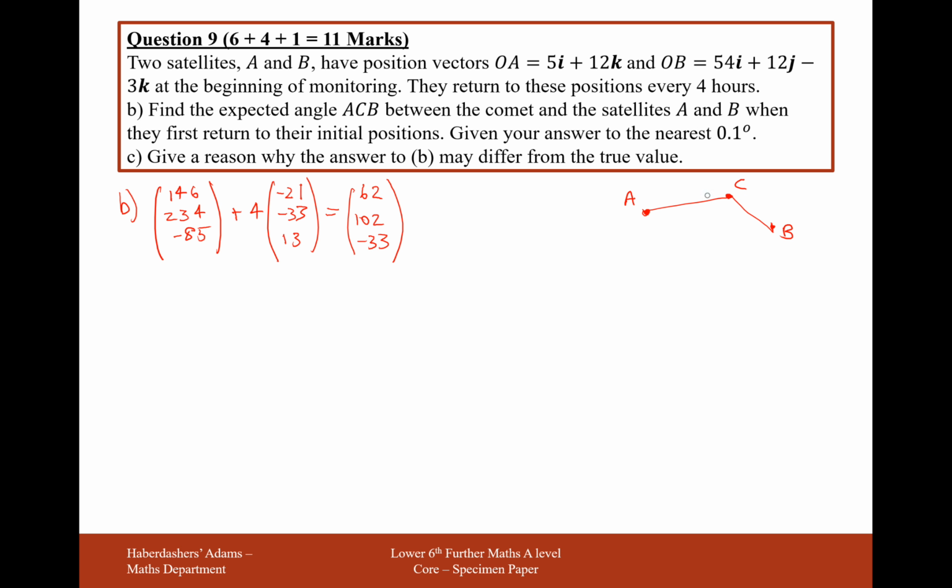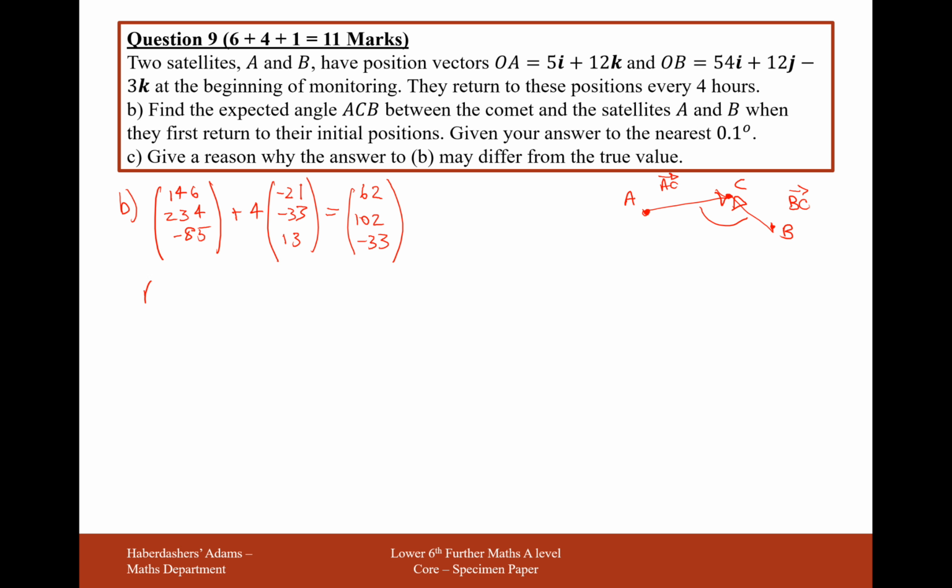then what we're going to need is the vector from A to C, then the vector from B to C, and the reason we need that is because we need both of these angles to be coming in at C or going away from C to work out this angle here, because that's what the dot product is going to work out for us.